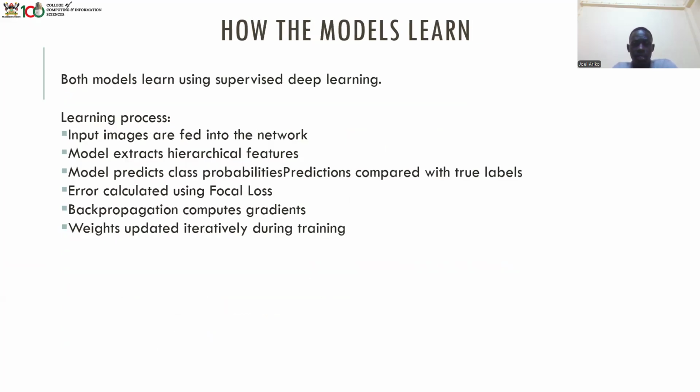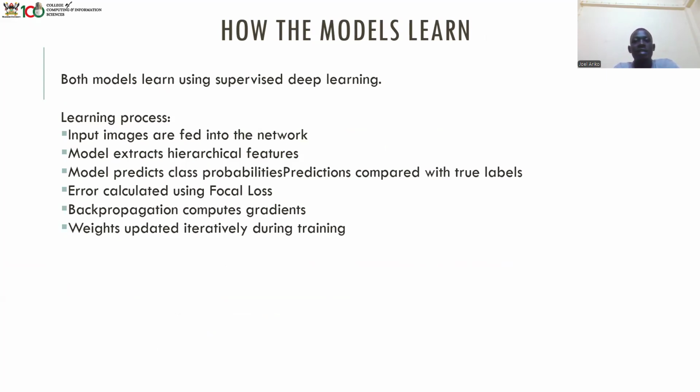Then how do these models learn? As we know, all these models are deep learning models, and therefore they learn through supervised deep learning because they use labeled data for the learning process. So here we have our learning process in such a way that we input images in a particular network or pipeline.